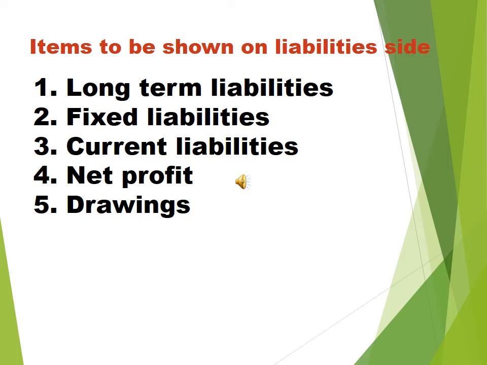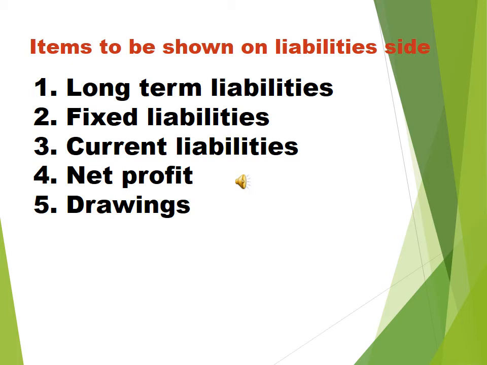Long-term liabilities are those liabilities which are not payable within the next accounting period. Fixed liabilities are long-term liabilities which are payable only on the termination of business. Example, capital. Third is the current liability that are yet to be settled within a period of 1 year.